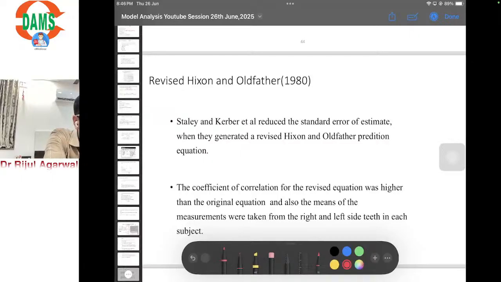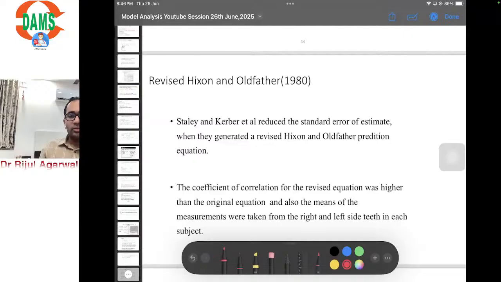Okay, moving ahead. This is the revised Hixon and Oldfather method. It was revised or modified by Staley and Kerber et al.